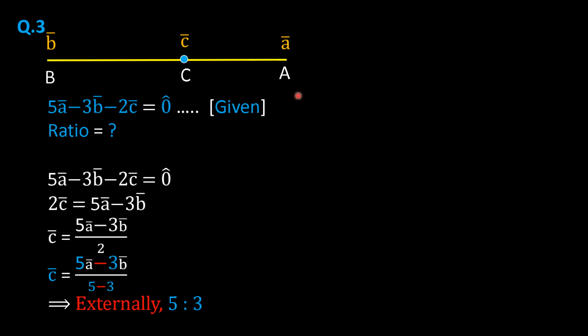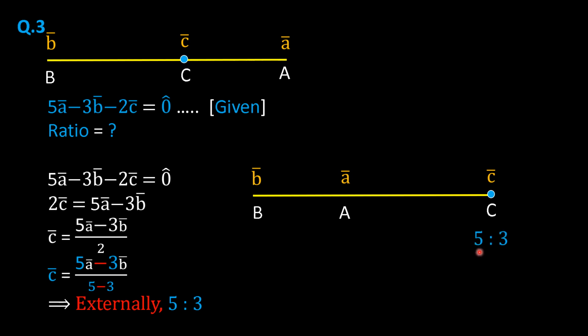Now the figure changes and C is shown outside of BA, and here C divides segment BA externally in the ratio 5:3.